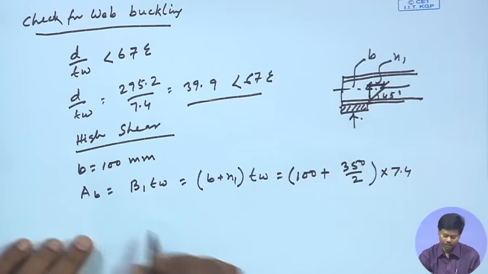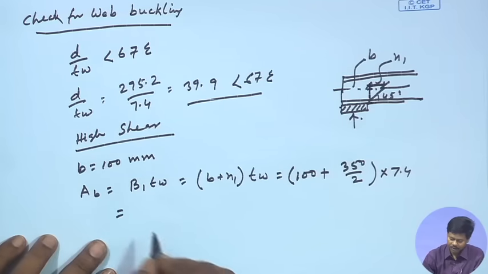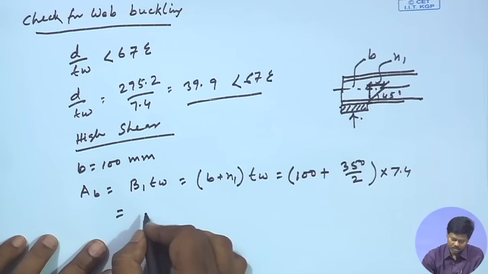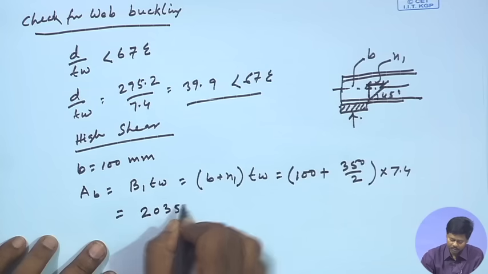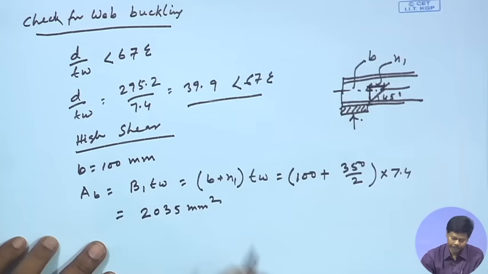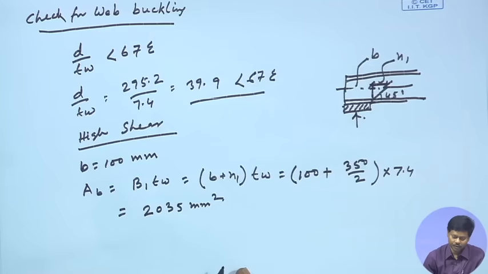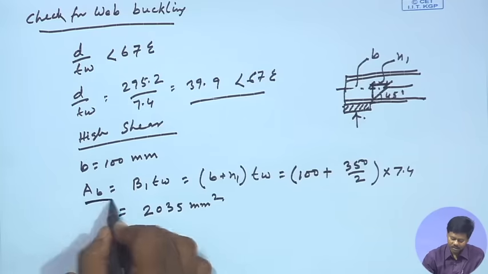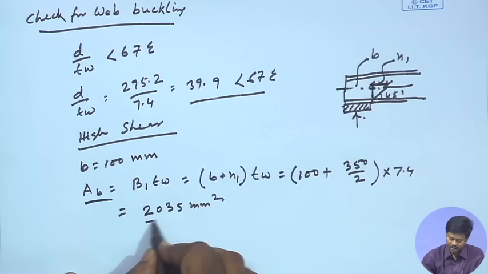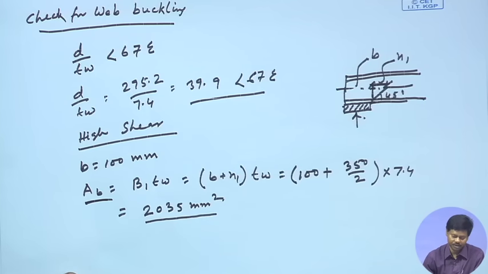So, if we calculate, we will get AB as 2035 millimeter square, right. So, the effective bearing area under influence is 2035 millimeter square.